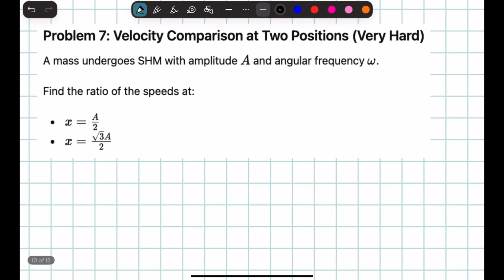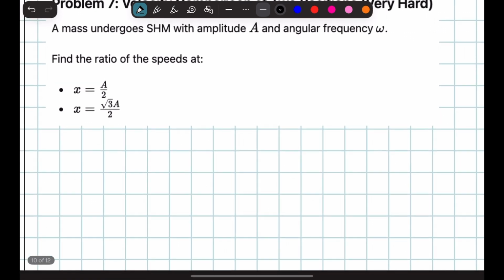A mass undergoes simple harmonic motion with amplitude A and an angular frequency omega. Find the ratio of the speeds at x is equal to A over 2 and x is equal to the root of 3 times A over 2. So now we can use the energy-based velocity equation.